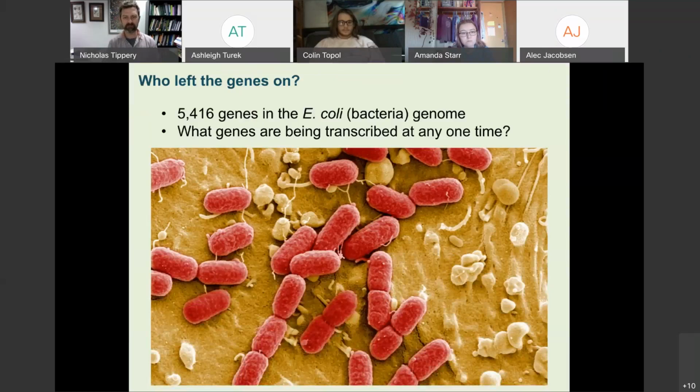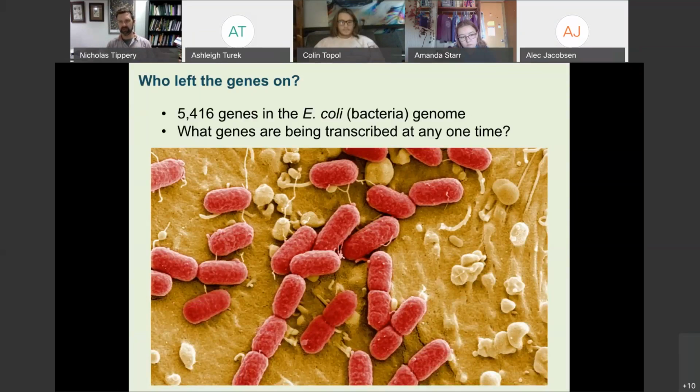So the subject of gene expression: if you want to think about your DNA as a library, I think that's a useful way to think about it. You've got this DNA genome, which contains a whole bunch of instructions for putting your proteins together, and other components of yourself, your ribosome, your tRNAs, and so on.